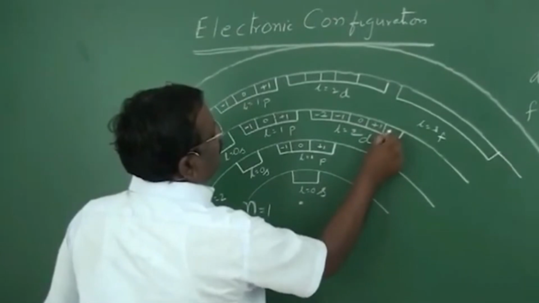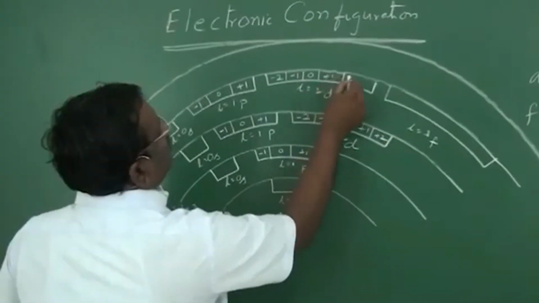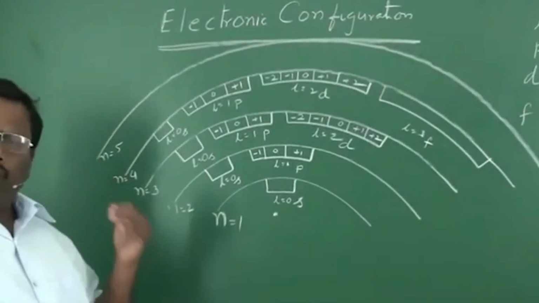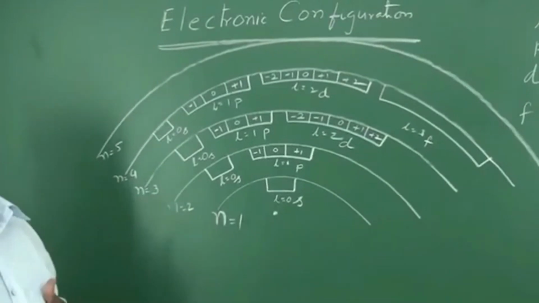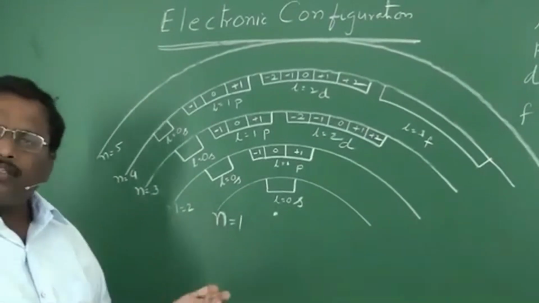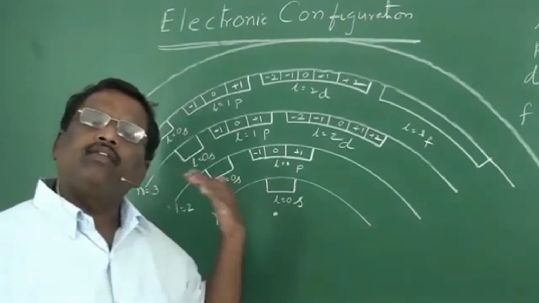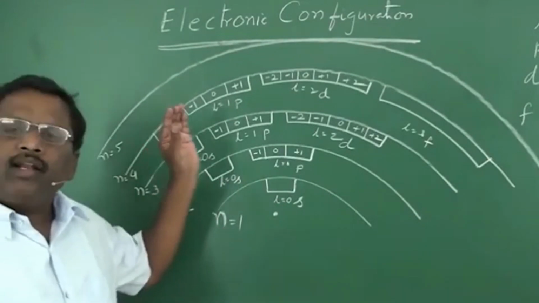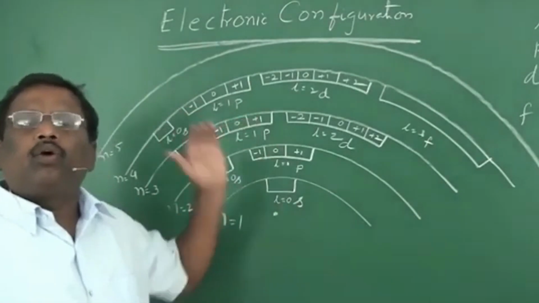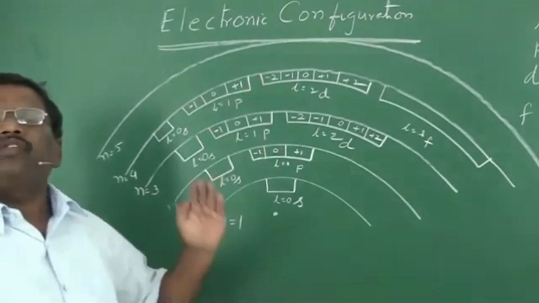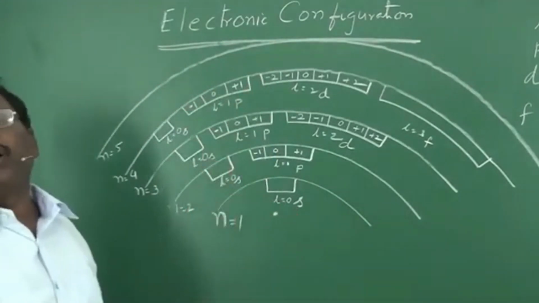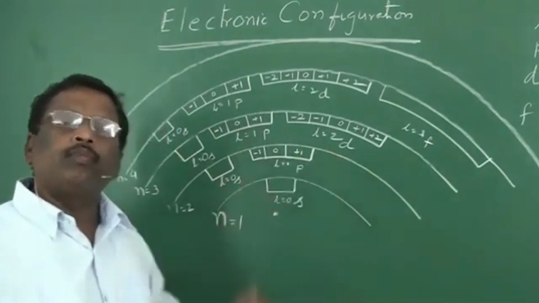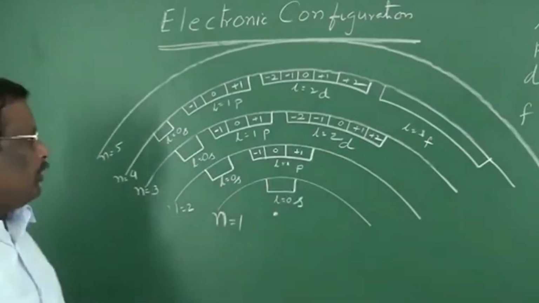Whether it is 3D, 4D, or 5D sub-energy level, it will have 5 orbitals with 5 M values, from minus 2 to plus 2, including 0.